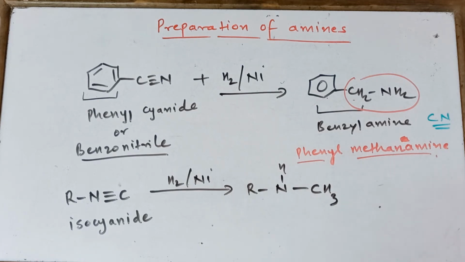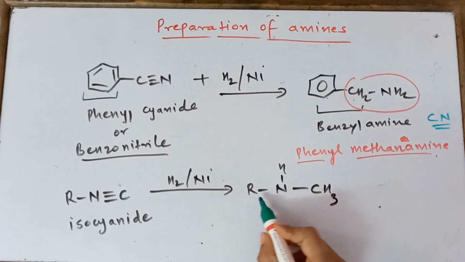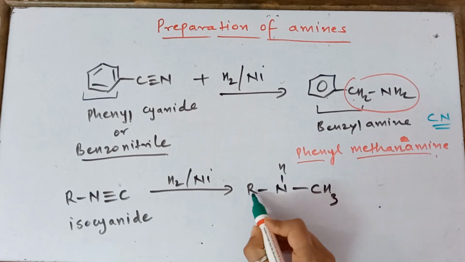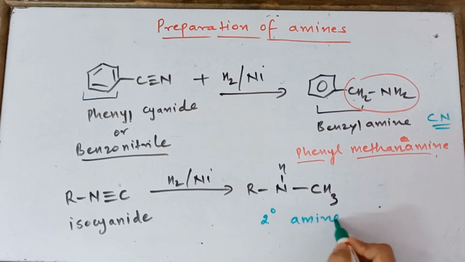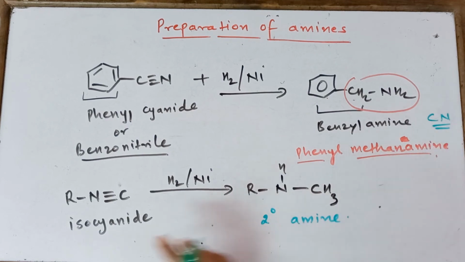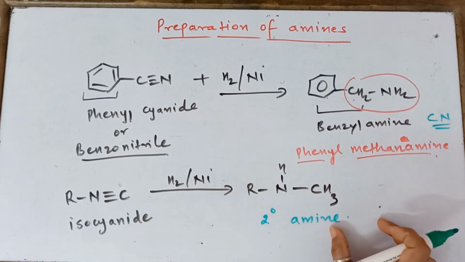In this manner, we are going to achieve the formation of secondary amine, because you can see that nitrogen is attached to 2 carbon atoms. So by the reduction of cyanides we are going to get primary amine, whereas by the reduction of isocyanides we are going to get secondary amines.